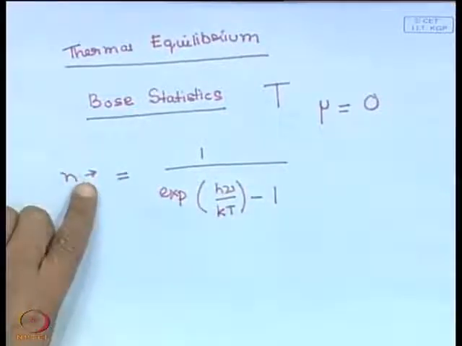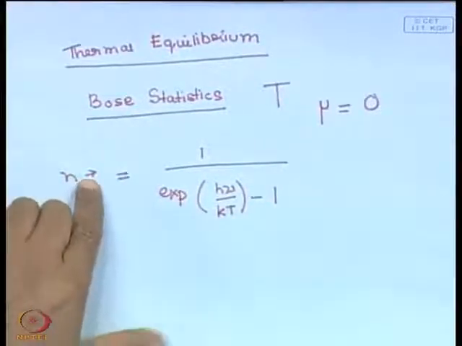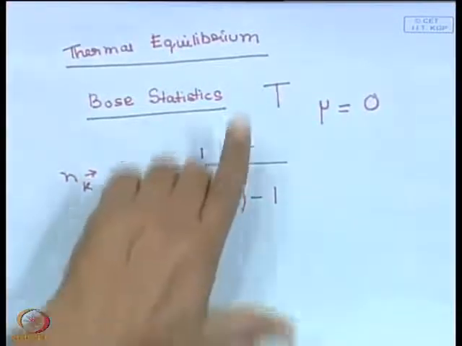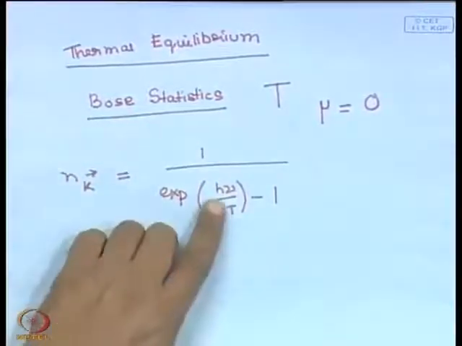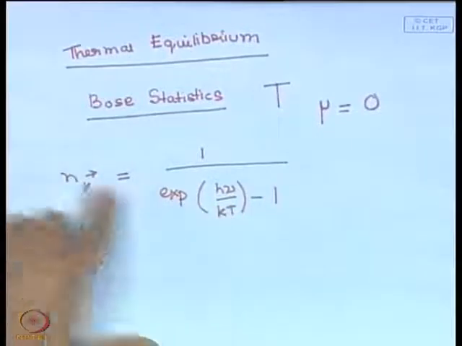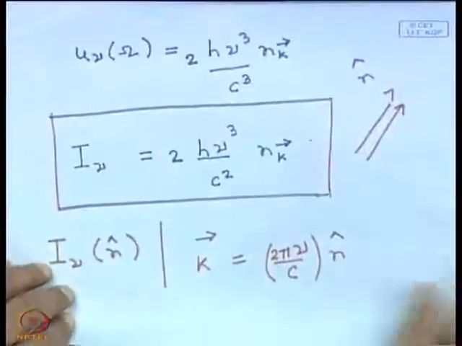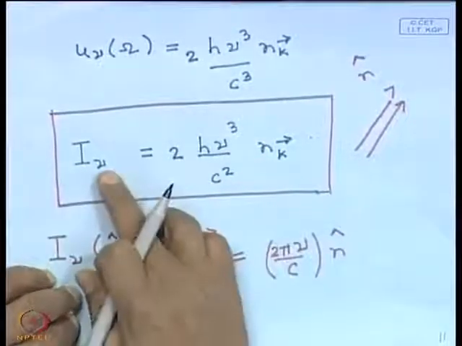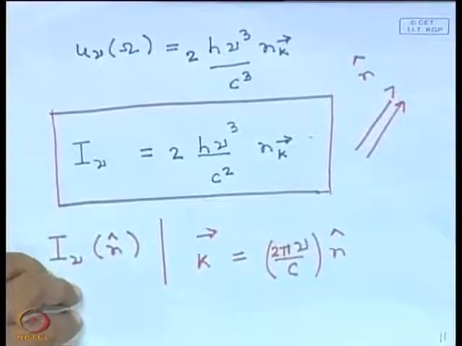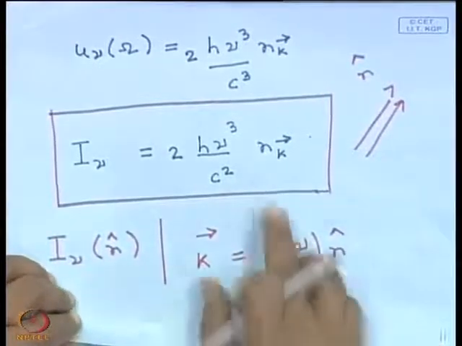So, the wave number is converted to frequency. We have just seen how to do that, and you put it in here, and this tells you how many photons there are in this mode. Okay. So, once you assume that it is in thermal equilibrium, you can straight away just plug it in here and you get the Planck function. Okay. So, just plug it in here.